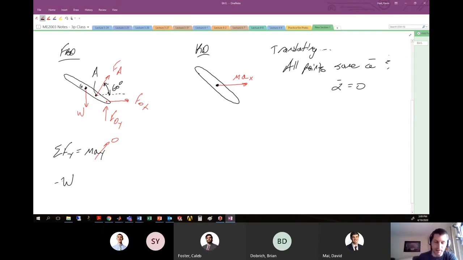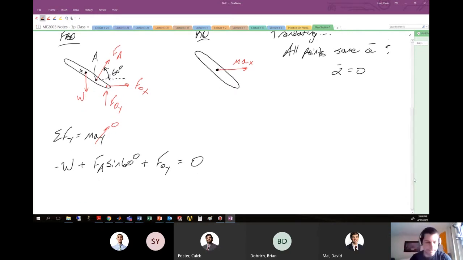We have some component of the force at A acting in the y direction, and here this will be plus the force at A multiplied by the sine of the angle 60 degrees to resolve into the y direction. And we also here have our force at O acting. So here plus the force at O in the y direction, all equal to the acceleration on the right-hand side, which is 0.